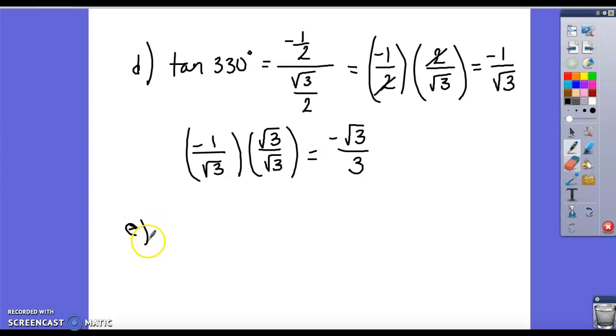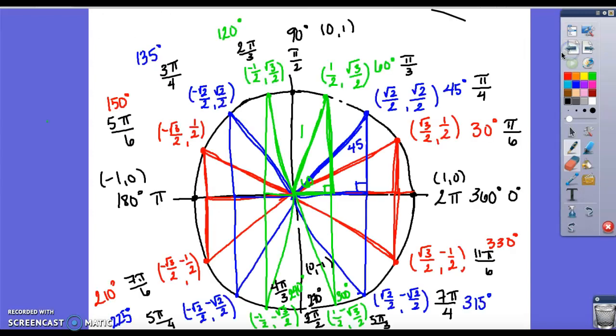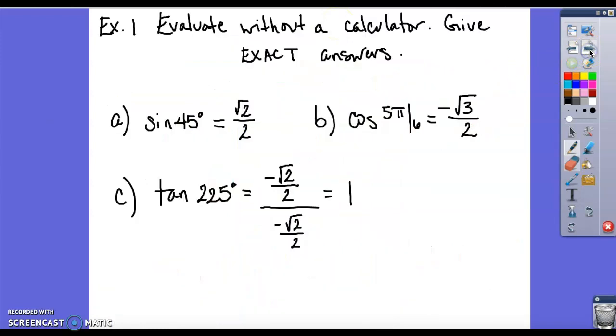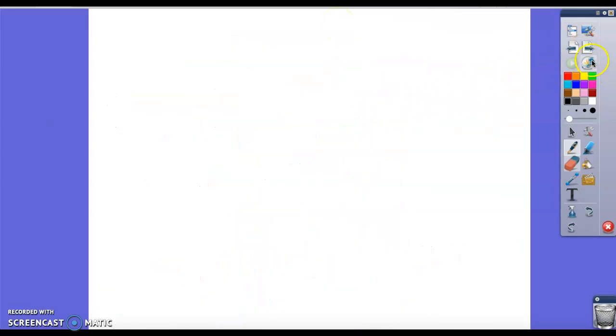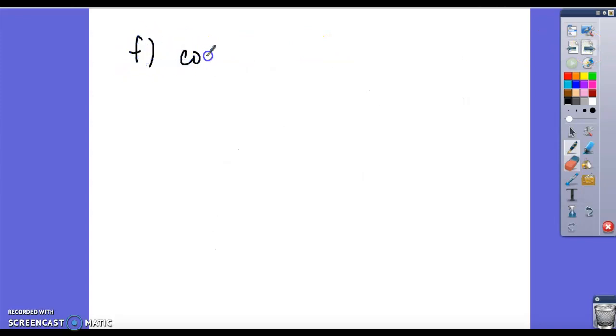Letter E, let's find the sine of pi over 2. Sine is the y coordinate, so the sine of pi over 2 is 1. Let's look at the cosine of pi over 2.